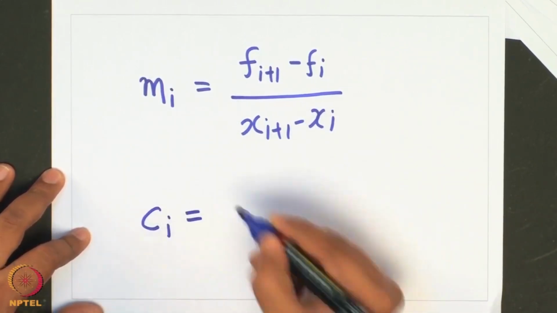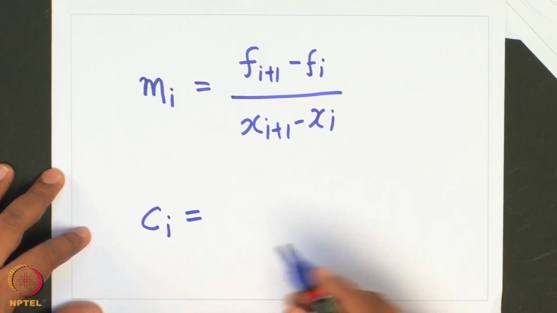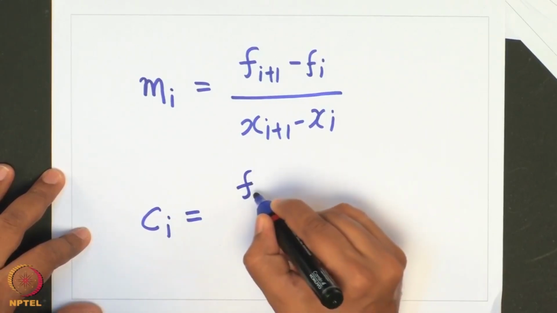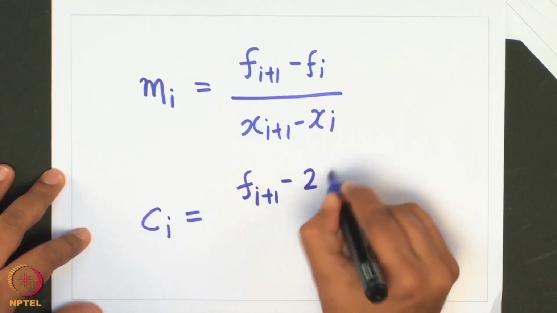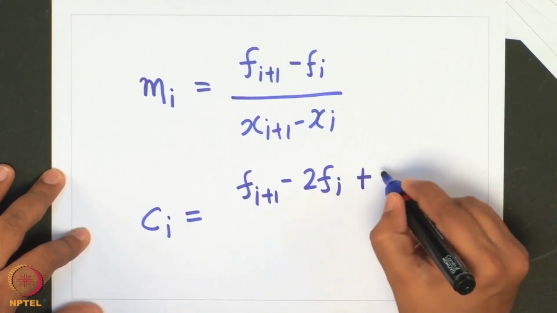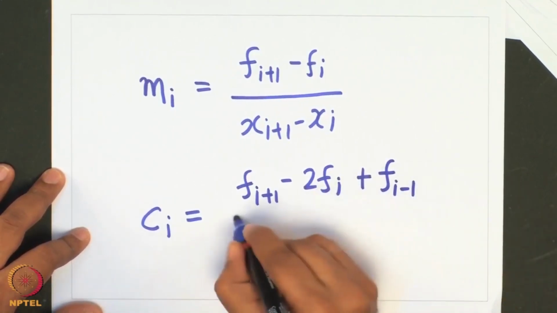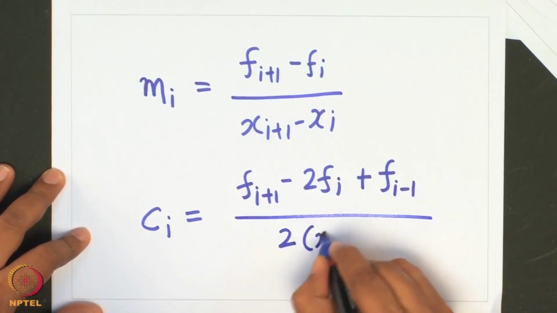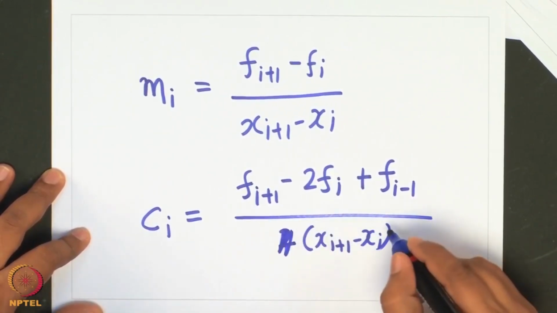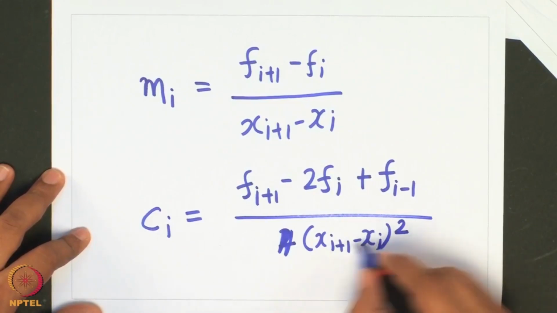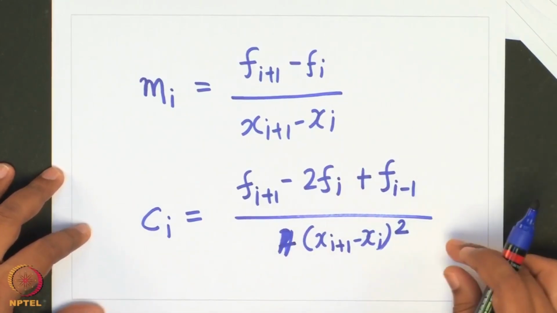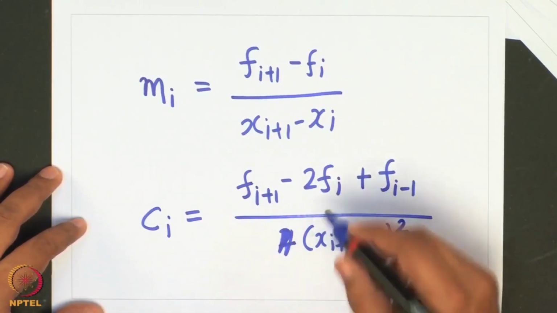Similarly, for curvature, the second derivative, which is Ci, we could write f at i plus 1 minus 2 f i plus f at i minus 1, divided by x i plus 1 minus x i, whole square. Assuming that the differences between all x values are the same, we would use this as the formula for the second derivative.